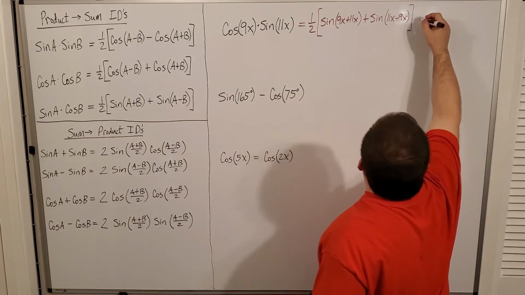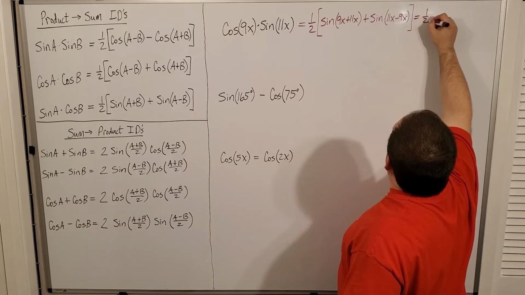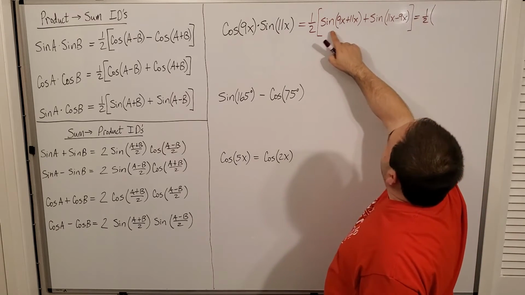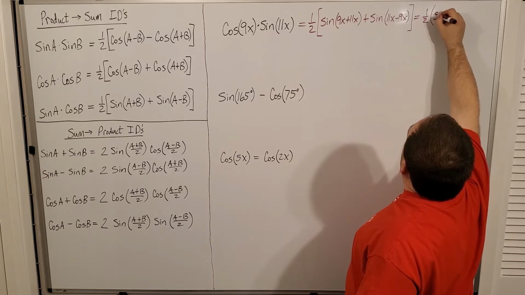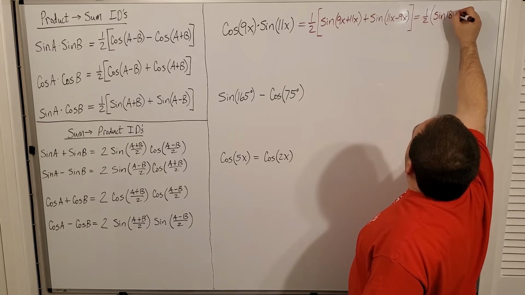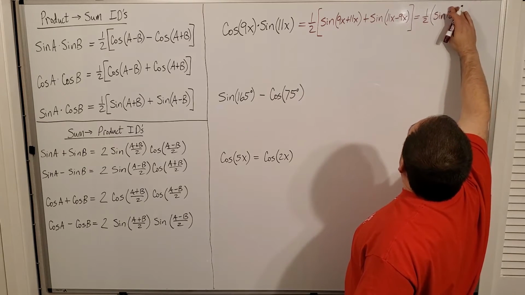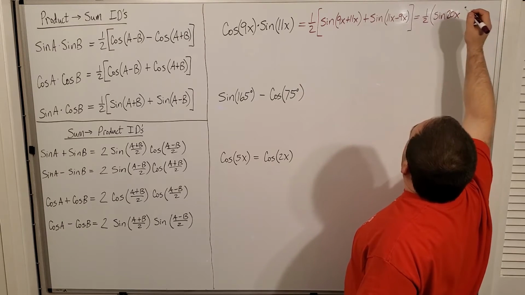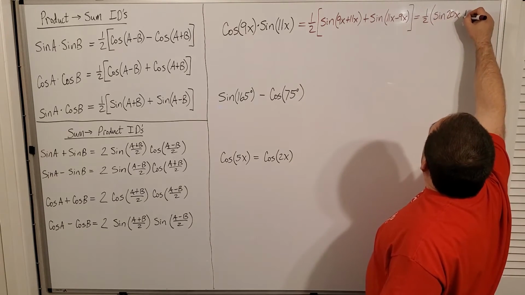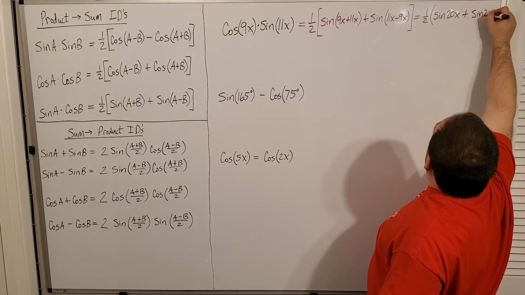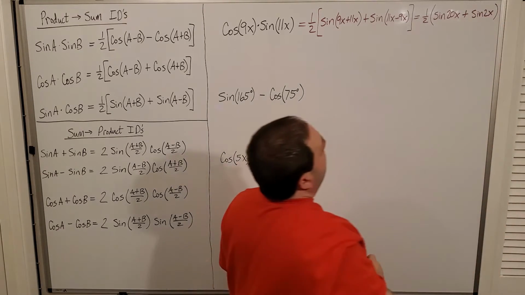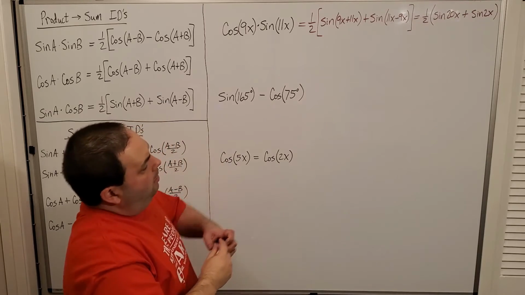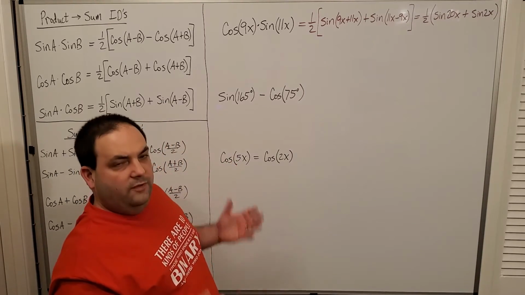Okay, so then what I have here is 1/2 times sine of 18x. Oh, no, not 18. I forgot how to add for some reason. 20x. And then plus sine of 2x. And I know what you're thinking. Well, those are still different angles.